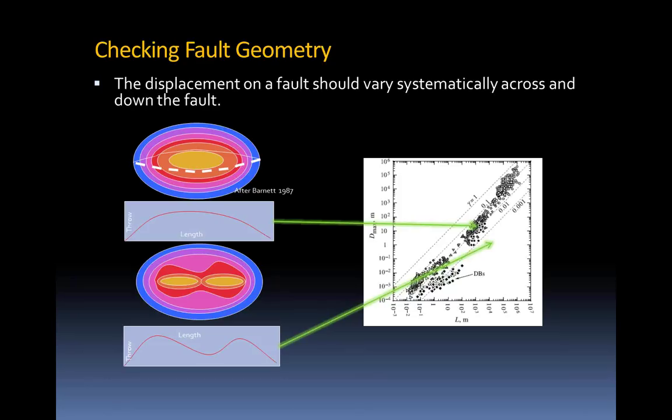How this manifests itself in the displacement profile is like this, where we have a fault with two central maximum displacements, and we end up with this compound parabolic shape instead of the nice simple shape up here. And where the low is here, it tends to give us an idea that genetically they might be separate faults, or maybe that an interpreter has miscorrelated. So there may be a problem with this fault here.